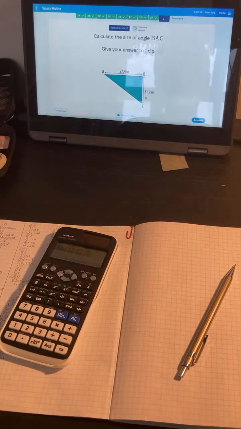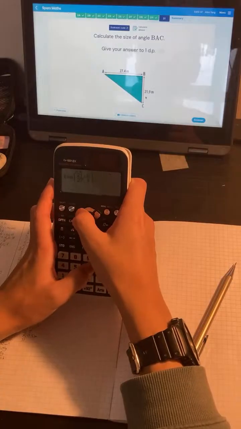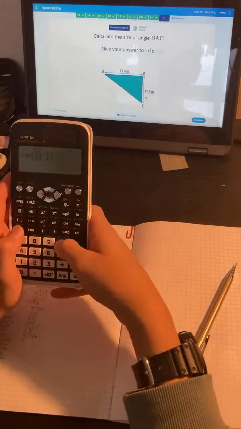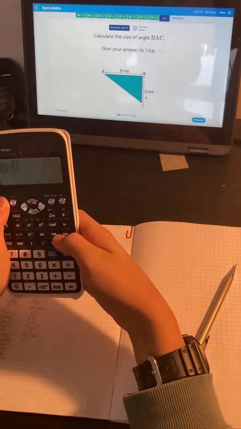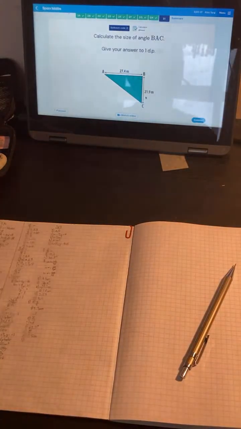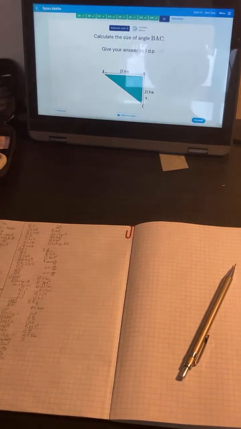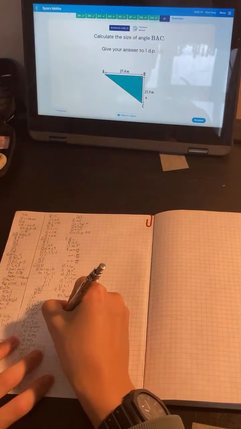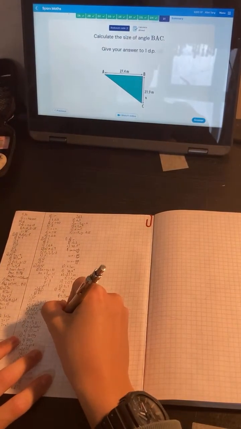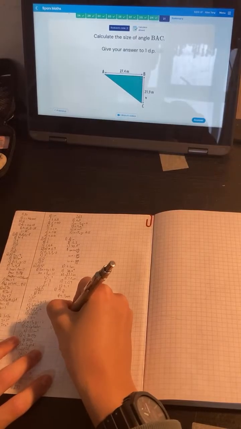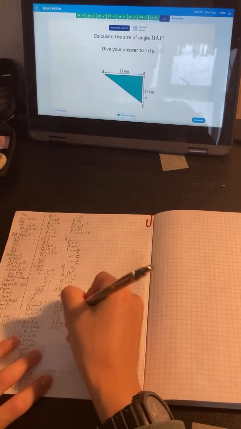Opposite over adjacent. What? Oh, I did normal tangent. That's why. Rookie mistake. Inverse tangent. There we go. That makes a bit more sense. 38.6.